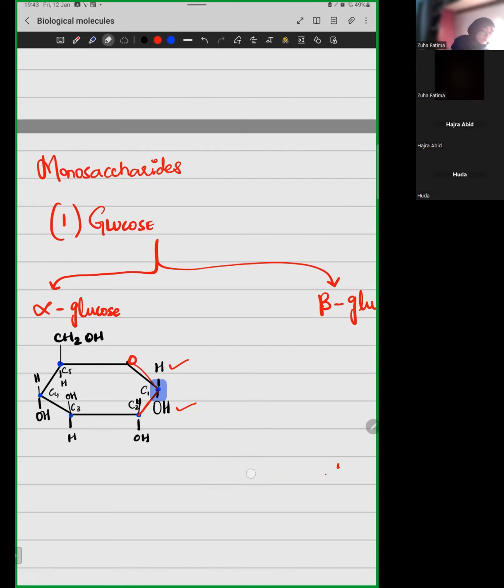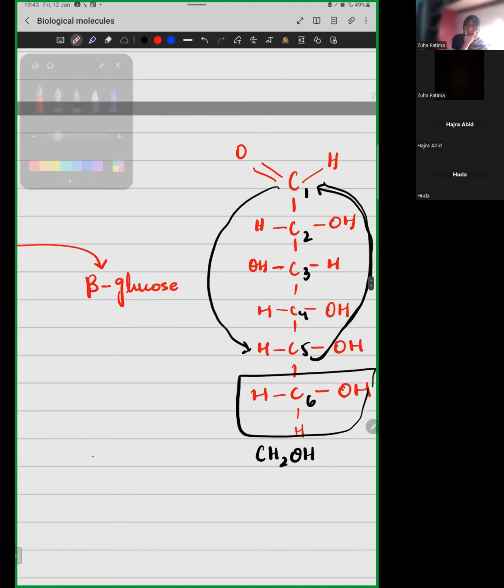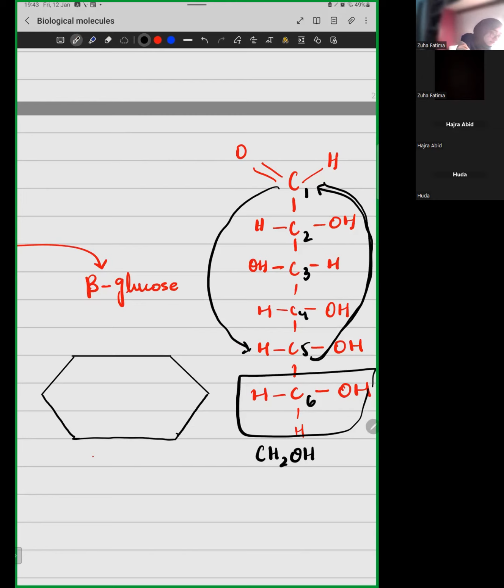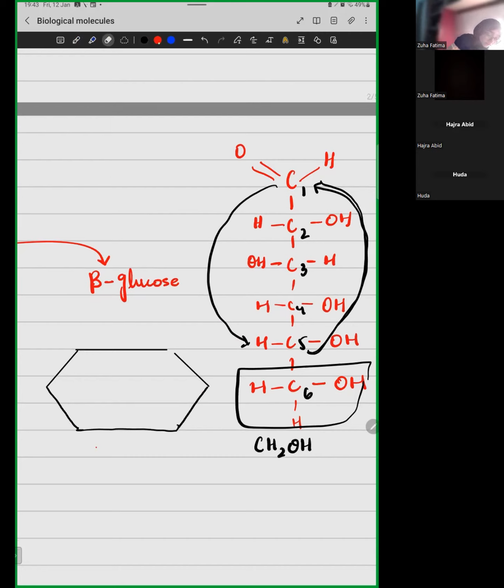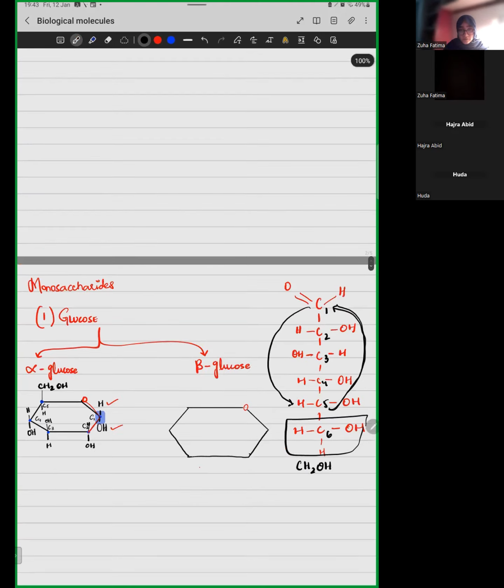Now let me draw a structure of beta glucose, and then you guys tell me what is the difference between those two. ठीक है जी? Okay, so basically over here I have drawn an almost identical structure to an alpha glucose. ठीक है? इसके जितने ends थे उतने ही ends इसमें भी होंगे.